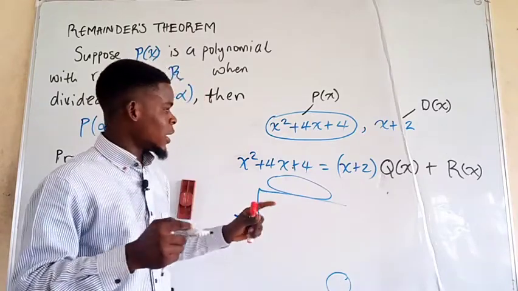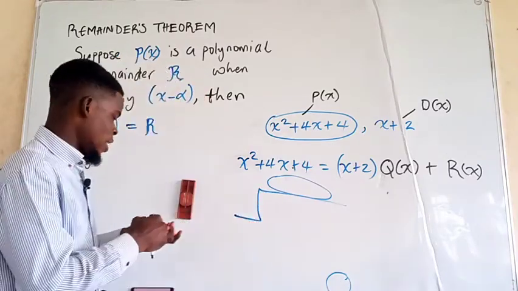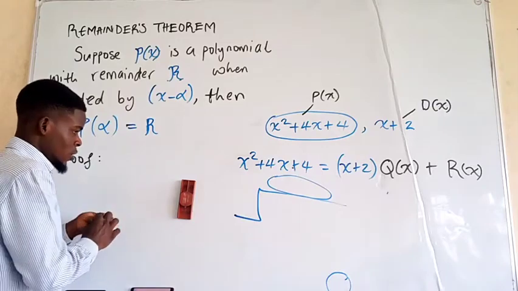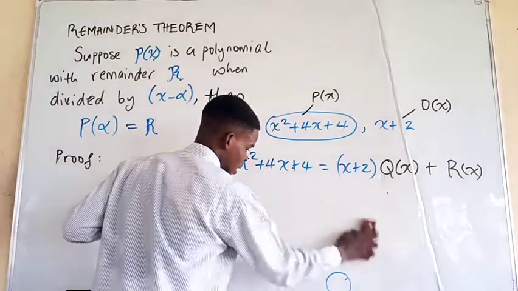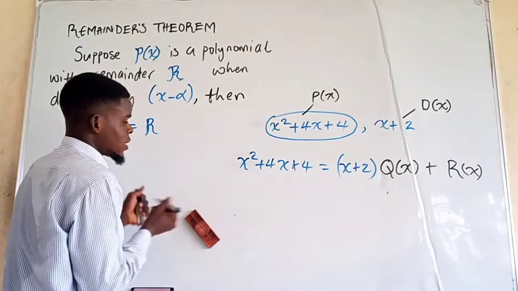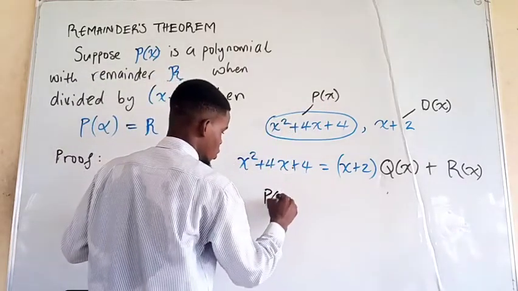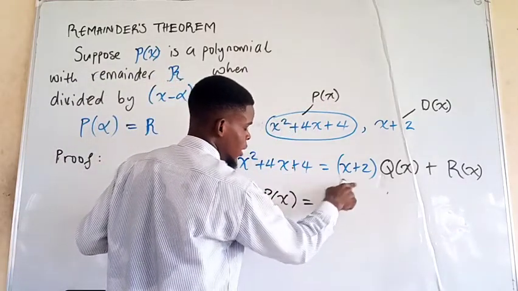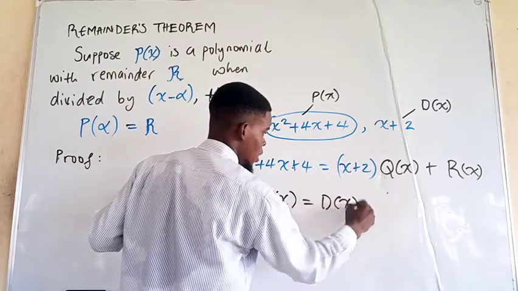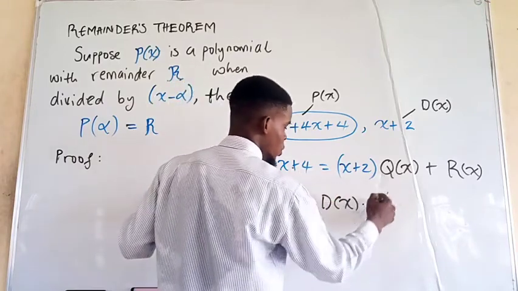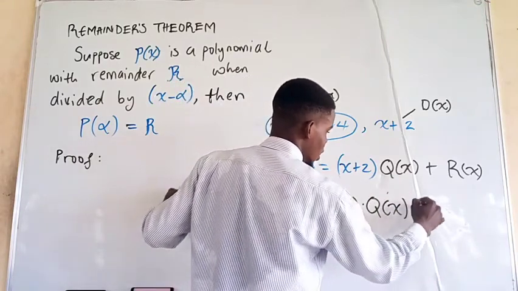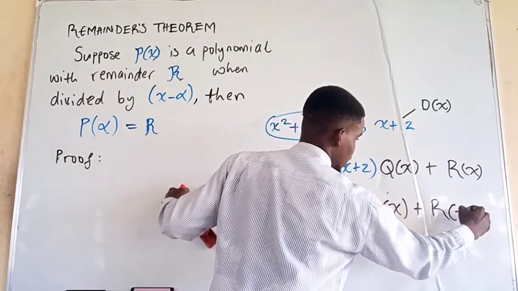So that leaves us with a very nice equation, which we can rewrite as p of x is equal to the divisor d of x times the quotient q of x plus the remainder r of x.